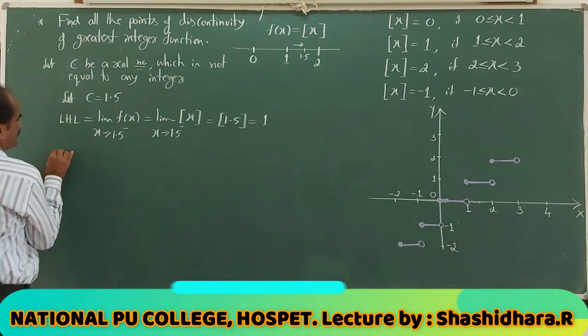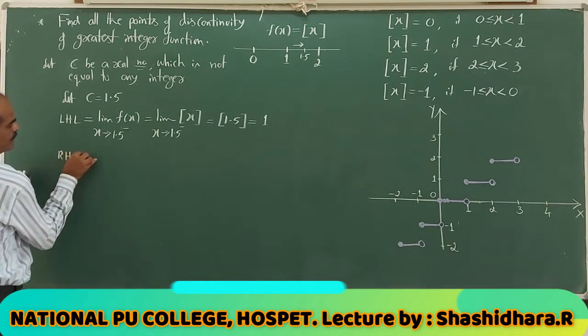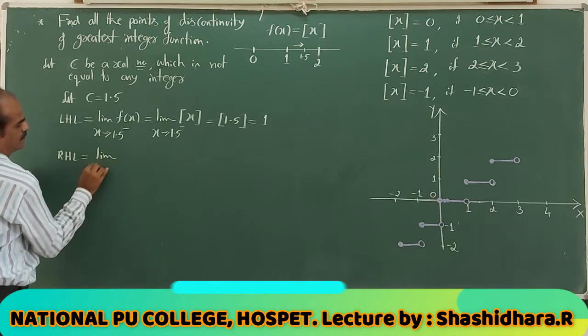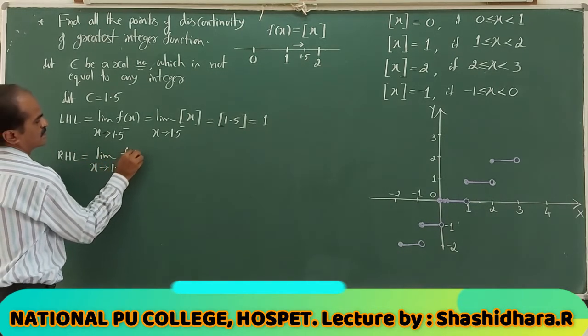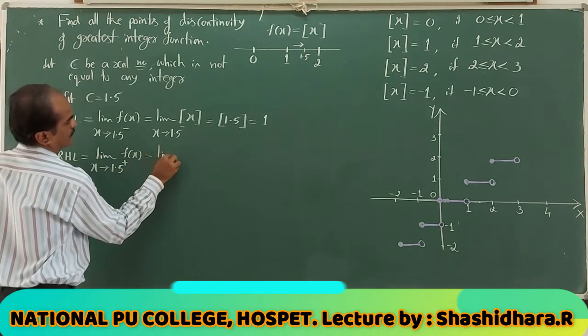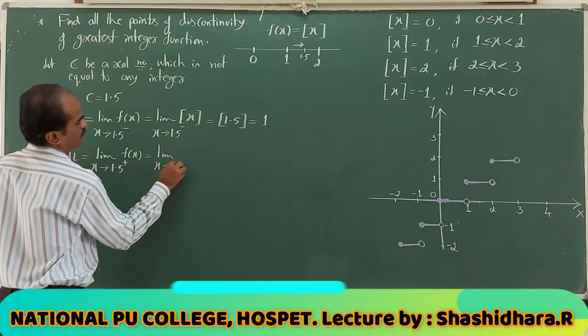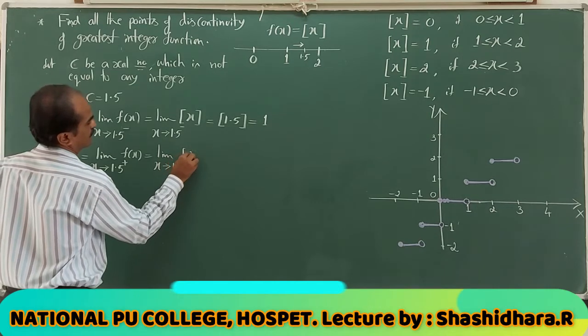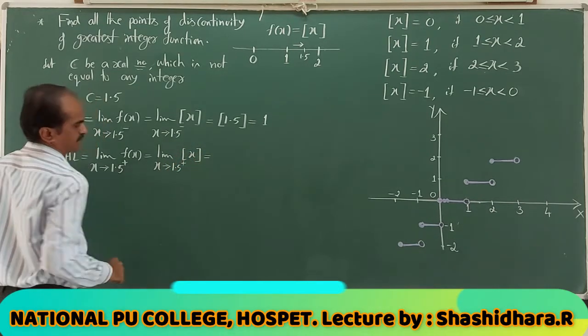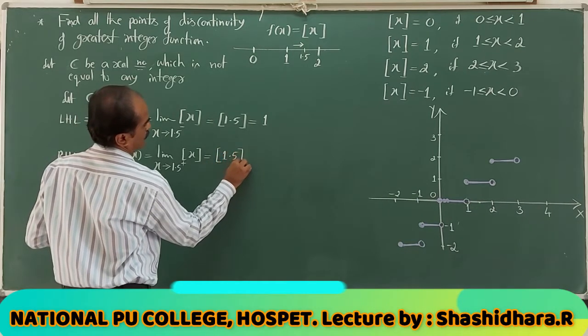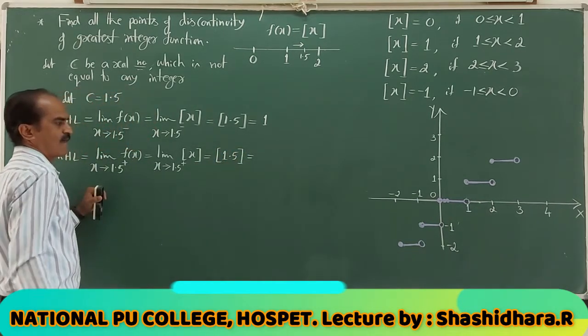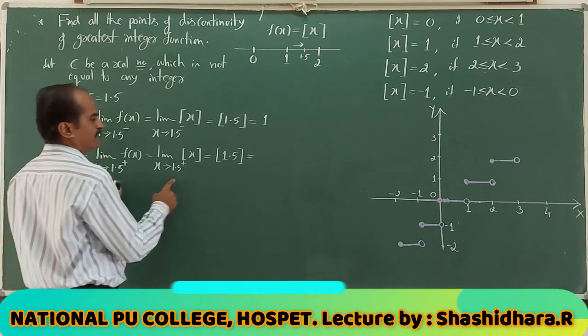Now the right hand limit: the limit as x approaches 1.5 from the right side of the greatest integer of x. What is the greatest integer of 1.5?